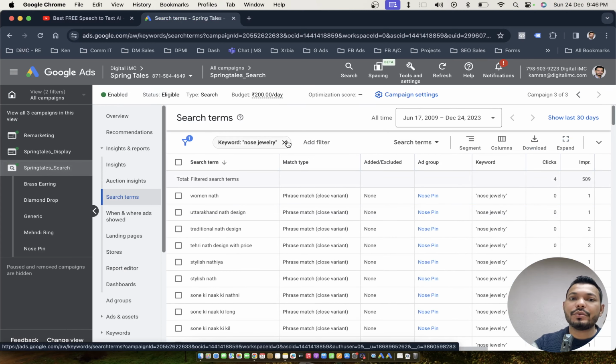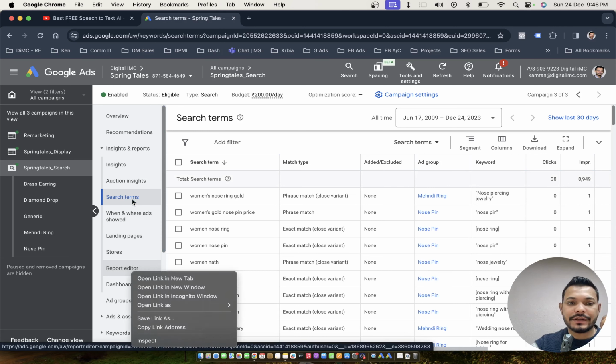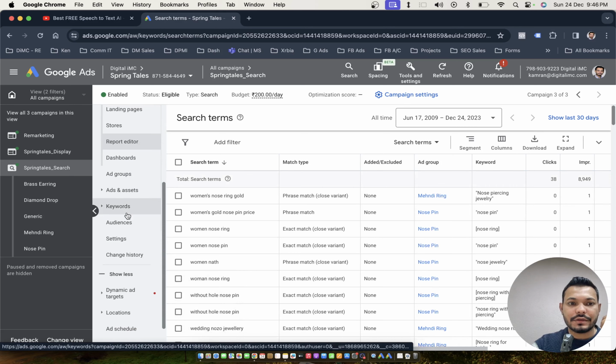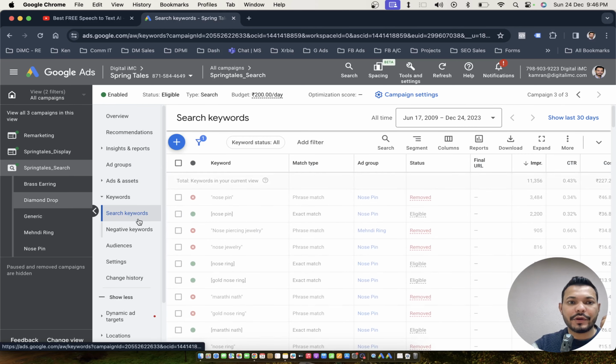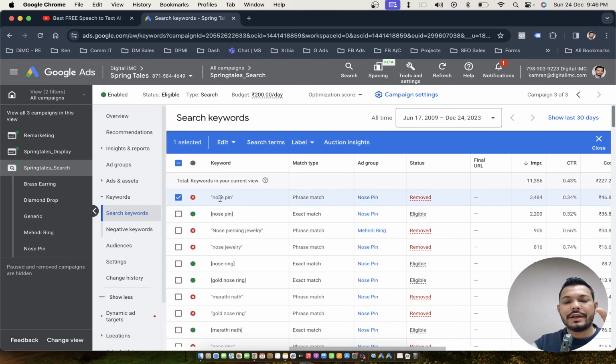So whenever you add a keyword within the Google Ad account somewhere, let's say we look into the keywords. Okay, now this keyword nose pin, let's say the first one, is supposed to show the ad on different keywords. The reason why it's in red is because I have removed this keyword after a while.